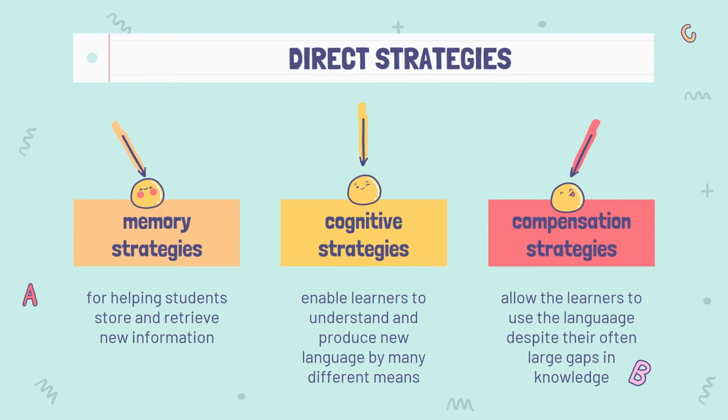Firstly, memory strategies such as grouping or using imagery have a highly specific function for helping students store and retrieve new information. Secondly, cognitive strategies such as summarizing and reasoning deductively enable learners to understand and produce new language by many different means.